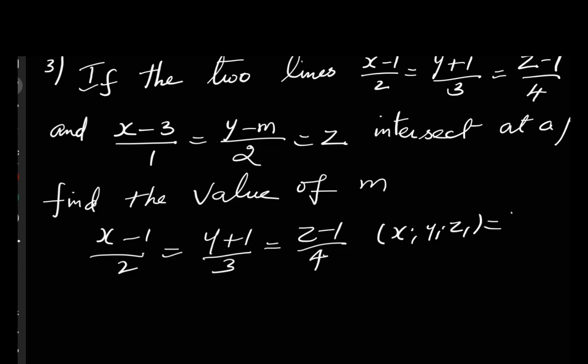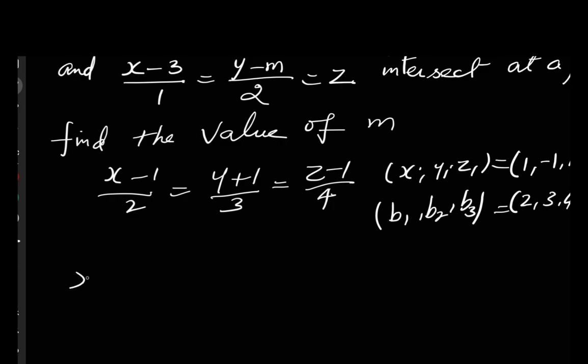Here minus 1, so you will take plus 1, plus 1 is minus of minus 1. And the parallel vector, the denominators are the direction ratios, so the components of the parallel vector b1, b2, b3 are 2, 3, 4.